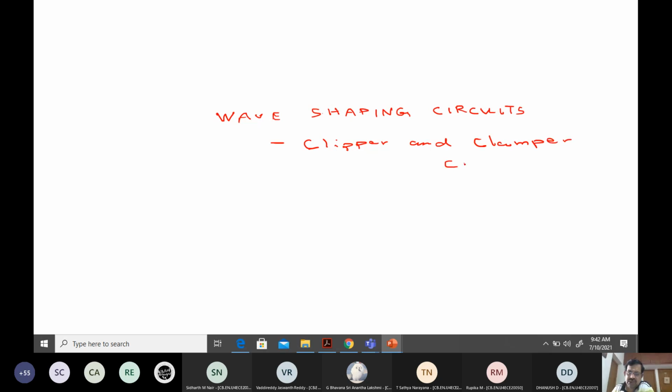In today's class, what we are going to see is about the clipper circuits only. And so clip, the literal meaning, is remove. So wave shaping circuits are those circuits which are enabling removal of certain portion.